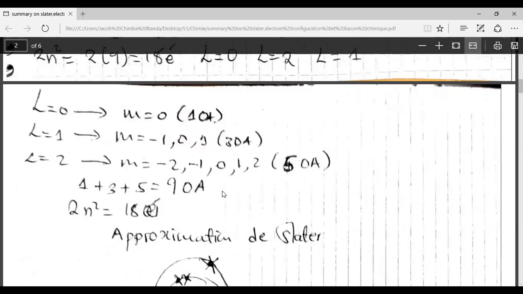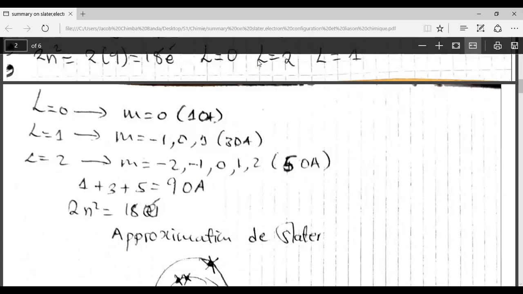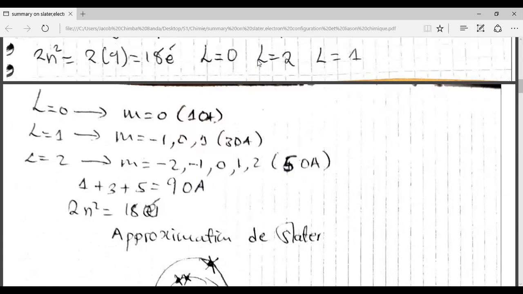So that's the difference between a hydrogenoid and a polyelectronic atom. A polyelectronic atom depends on the number of shells and on L. But for a hydrogenoid, since there's only one electron, it only depends on the number of shells, but it doesn't depend on L and M. That's what you should have in mind before we look at the Slater approximation.